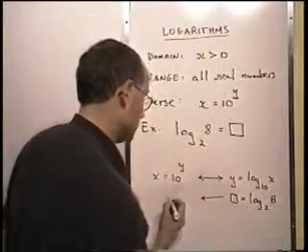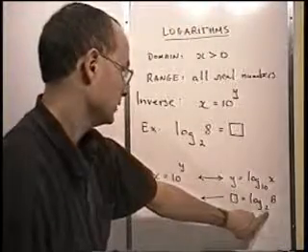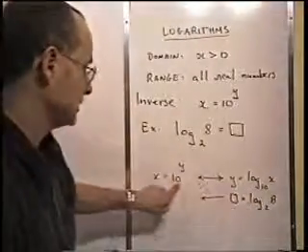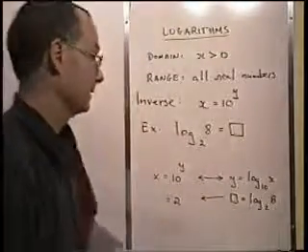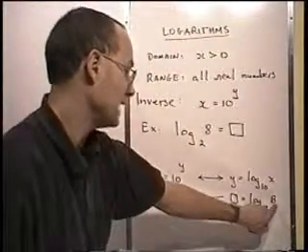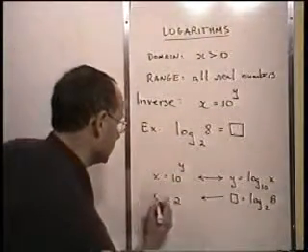We're going to this version here. Well, let's see. The 2 is acting like the 10, so it becomes the base here. So now we want to put a base of 2. What would be next? The 8 is acting like the x, and the x goes to the other side, so we put the 8 there.